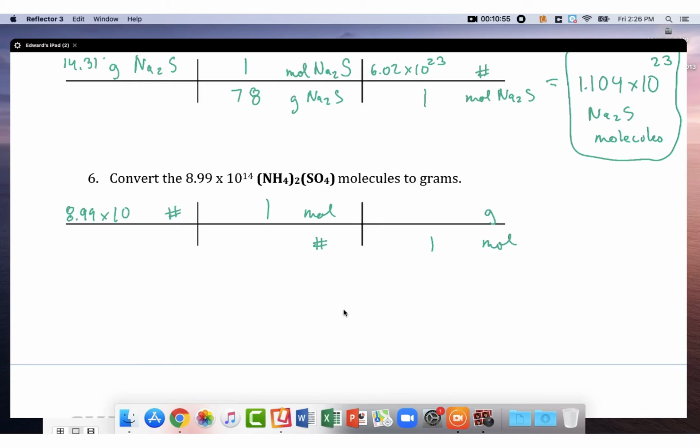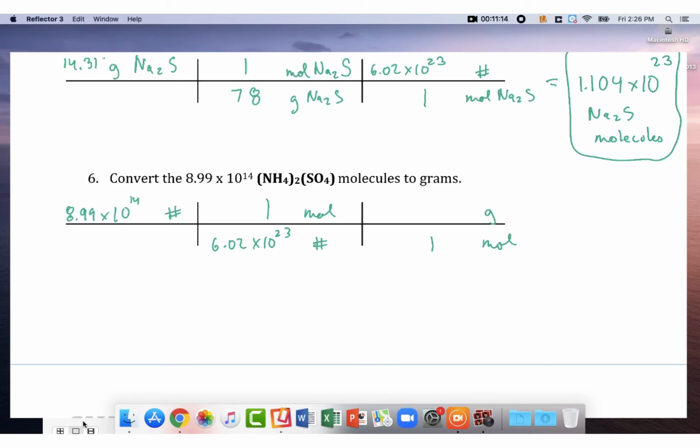8.99 times 10 to the 14th. On the bottom, we need to have 6.02 times 10 to the 23rd, because that's how many particles are in 1 mole. And then 1 mole contains, well, now is where we have to find the mass.